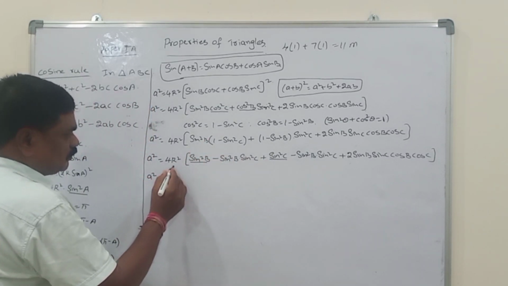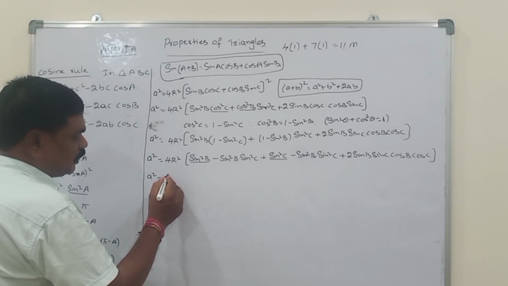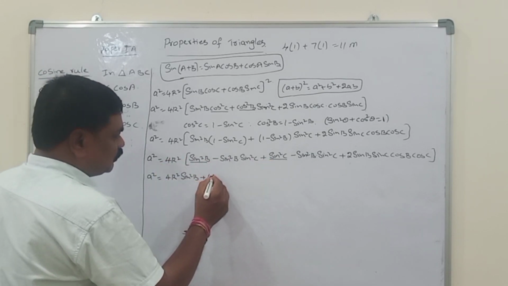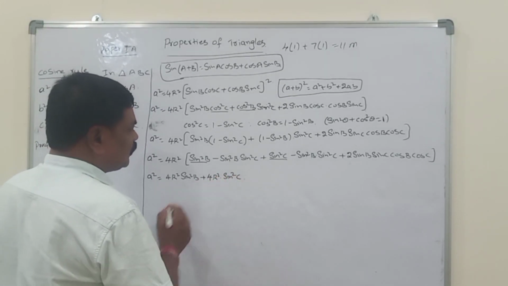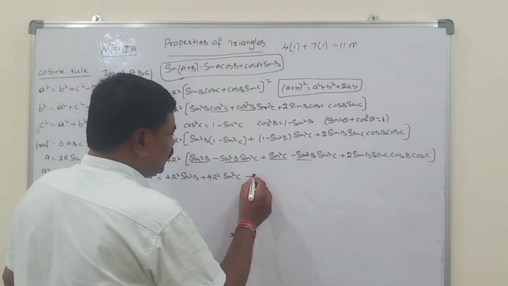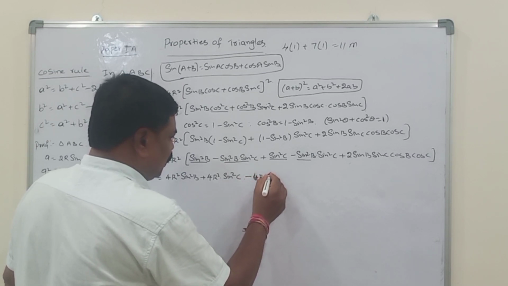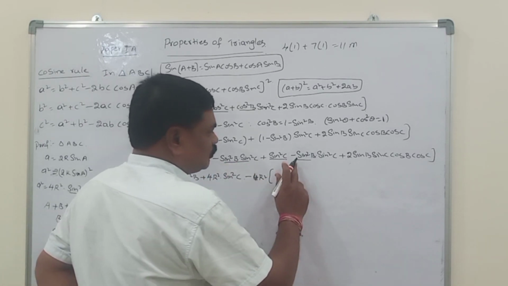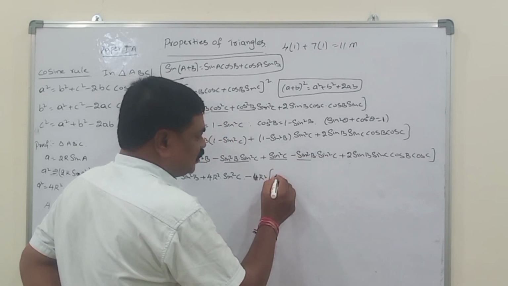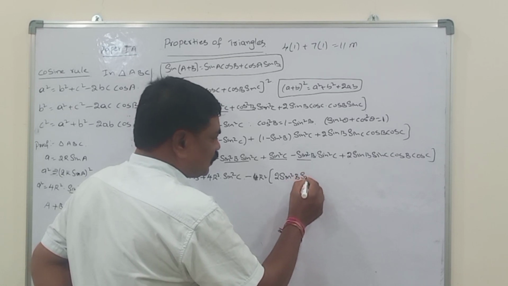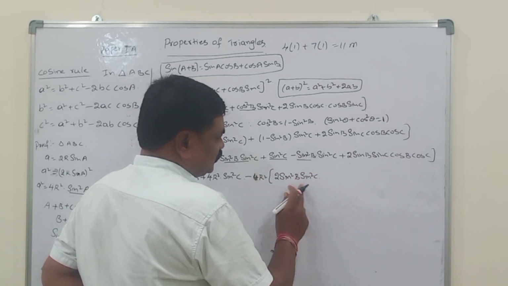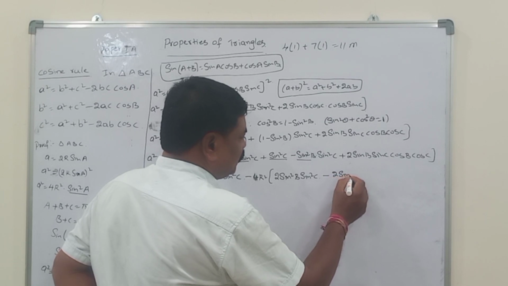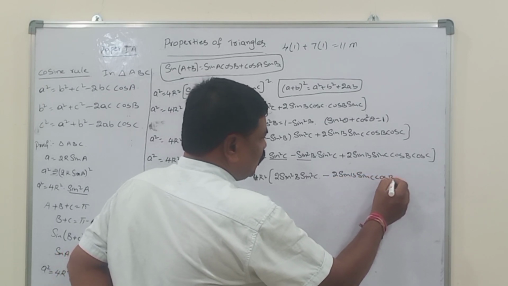That is, a square is equal to 4R square sin square B plus 4R square sin square C, minus 4R square of 2 sin square B sin square C, minus 2 sin B sin C cos B cos C.